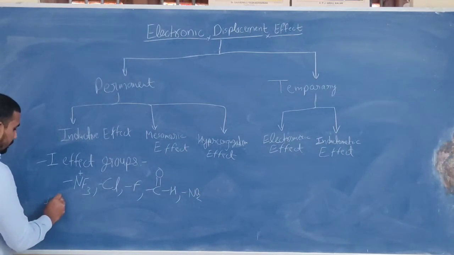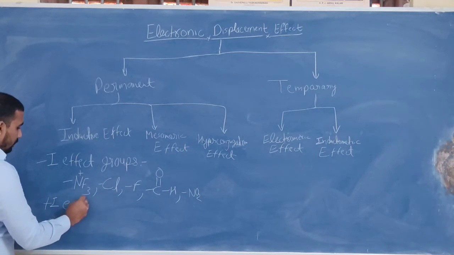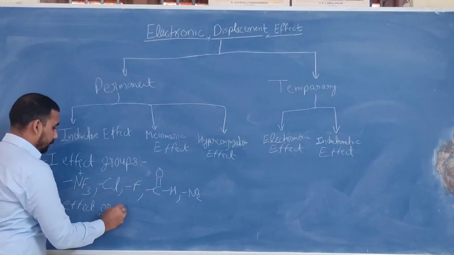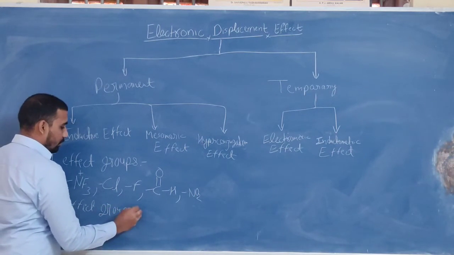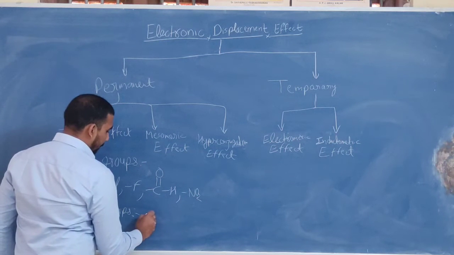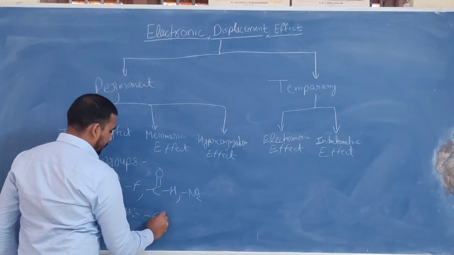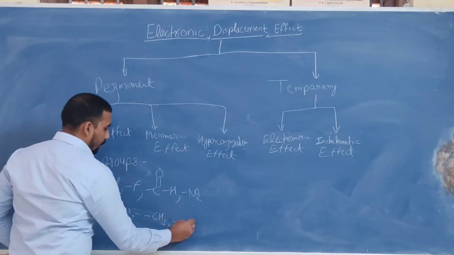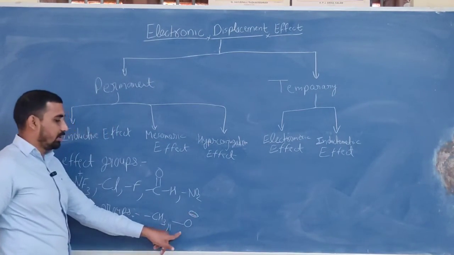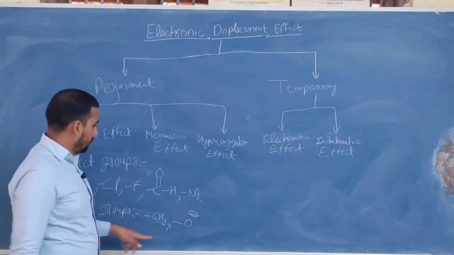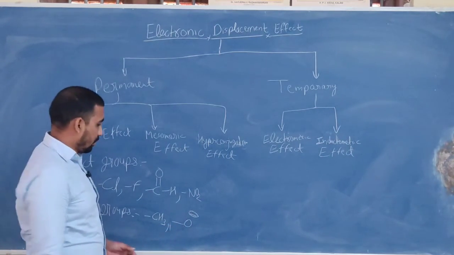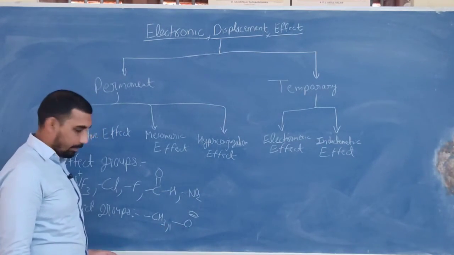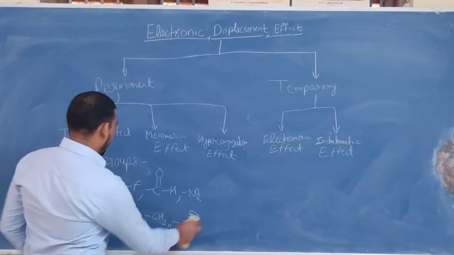And plus I effect showing groups are mainly methyl, any alkyl group, and this O minus, negatively charged oxygen, also shows plus I effect. Then you might be wondering why an electronegative atom is showing plus I effect. I will just explain briefly.